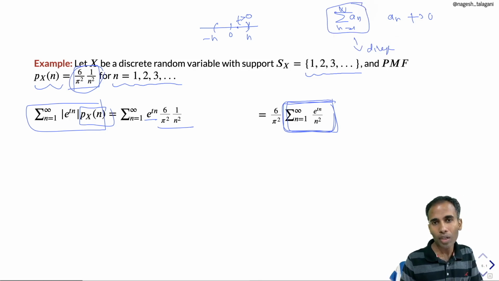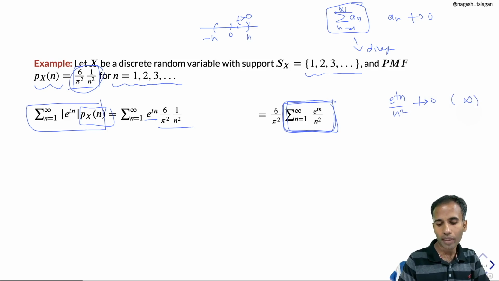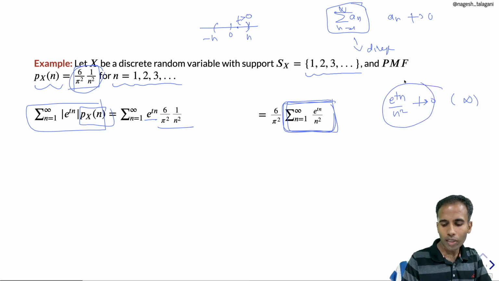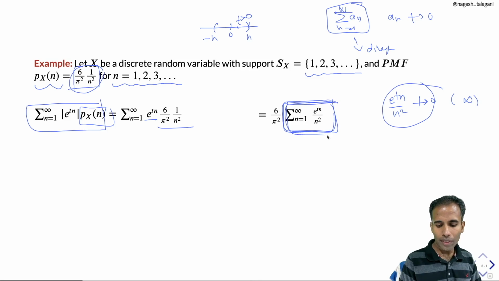Here, for any t positive, e power tn by n square is not going to 0. In fact, it's going to infinity, because you can apply L'Hopital's rule. So for any t positive, e power tn by n square does not approach 0, so this series diverges for any t positive.